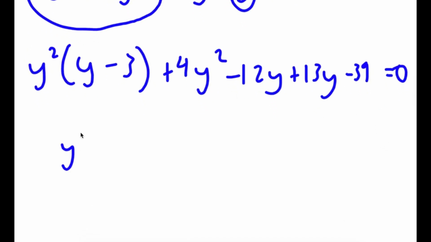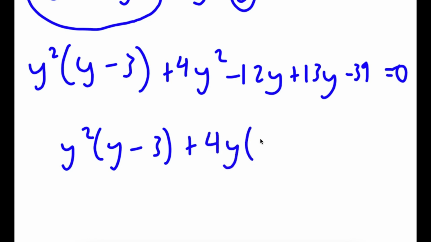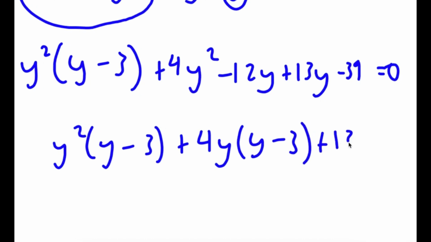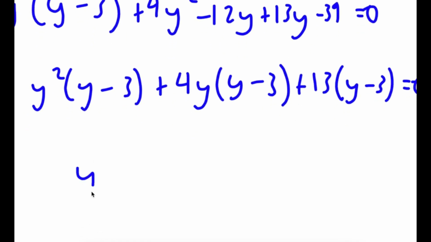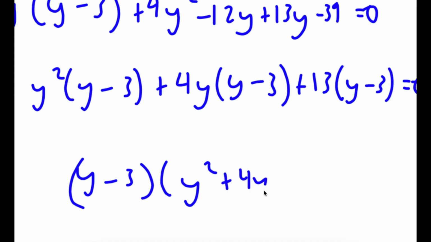So now from here I have y squared times y minus 3 plus from 4y squared minus 12y, I can factor out 4y. So I have 4y times y minus 3 plus 13 times y minus 3. This is equal to 0. So now if I factor out y minus 3, I get y minus 3 times y squared plus 4y plus 13 is equal to 0.